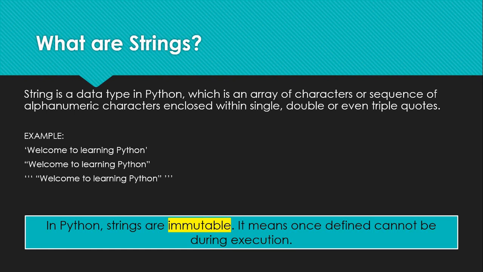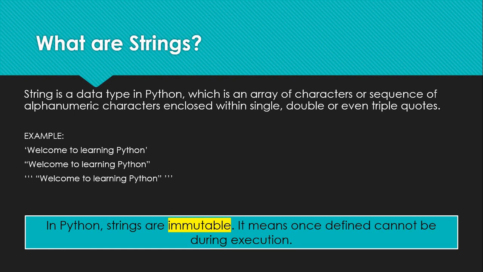When you put them in a triple quote, you can use it as a multi-line string. You can put many lines and enclose them in triple quotes. One important factor that you should remember is that strings are immutable. Mutable and immutable means change. When you can change something, it is mutable. When you can't change, it is immutable.